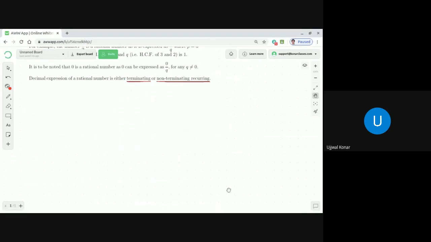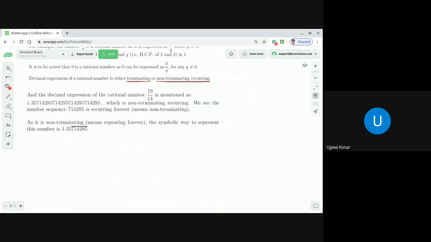So if we see the decimal expansion of 19 by 14, as you see on the screen, it is 1.3571428571428571428571428 and so on. What we see, it is non-terminating but recurring.